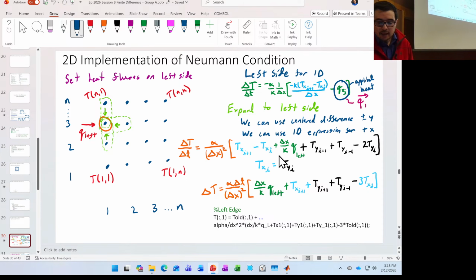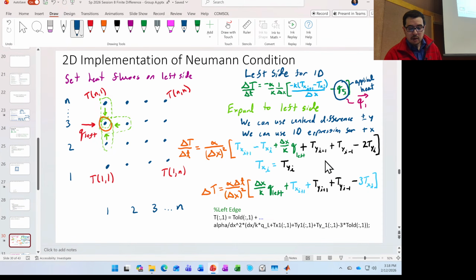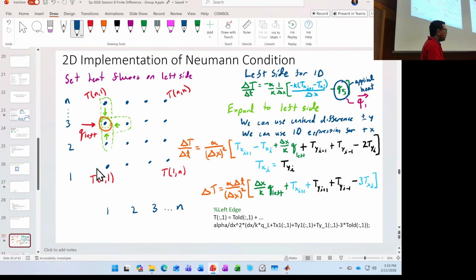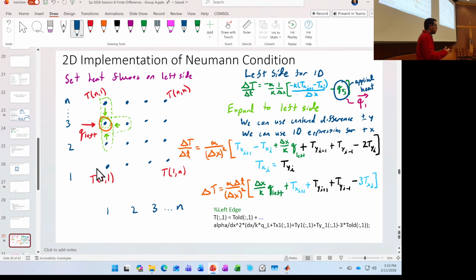And that heat flux comes in here, and then the interactions with temperature on those neighboring elements end up with this expression here. So the change in temperature at this left node is being affected by all its neighboring nodes plus what's coming in from the outside. And that's kind of the general theme. Any questions on this?